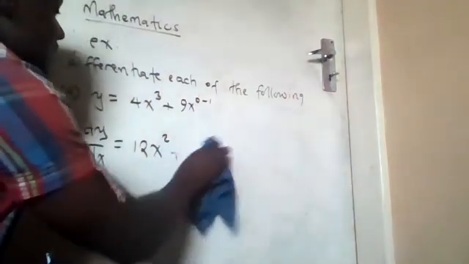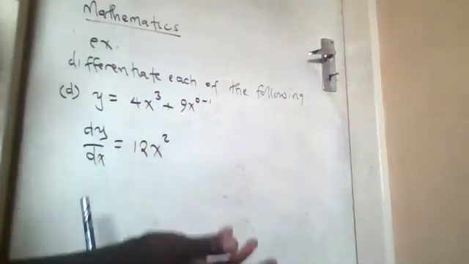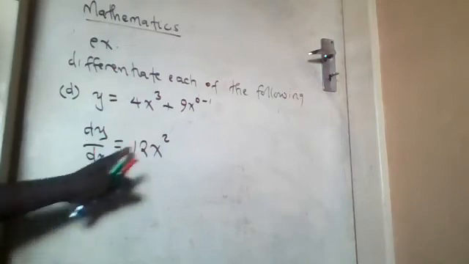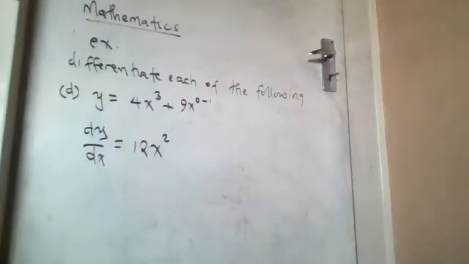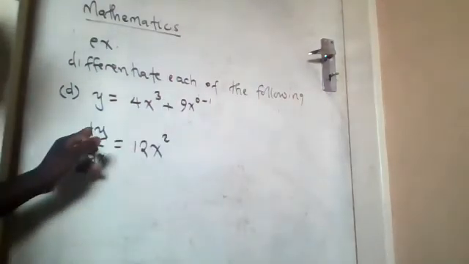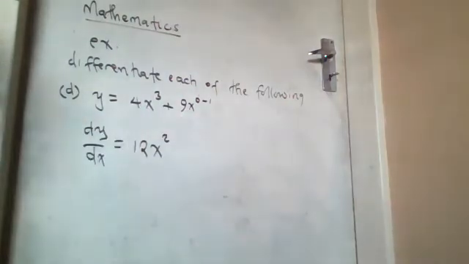So this part disappears, because even if you say plus 0, it's not going to change anything. Therefore, dy dx is equal to 12x raised to the power 2. In short, when you have a constant, dy dx of a constant gives us a 0.